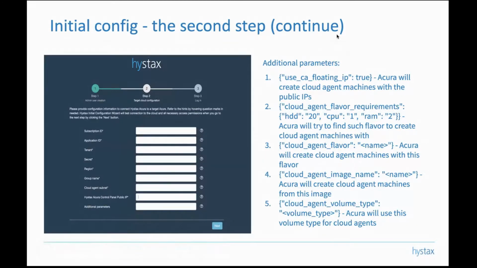For example, whether to use a Cloud Agent floating IP is a very optional setting, and Acura can either create Cloud Agent machines without IP addresses if this parameter is not set, or with public IP addresses if this parameter is provided to Acura.